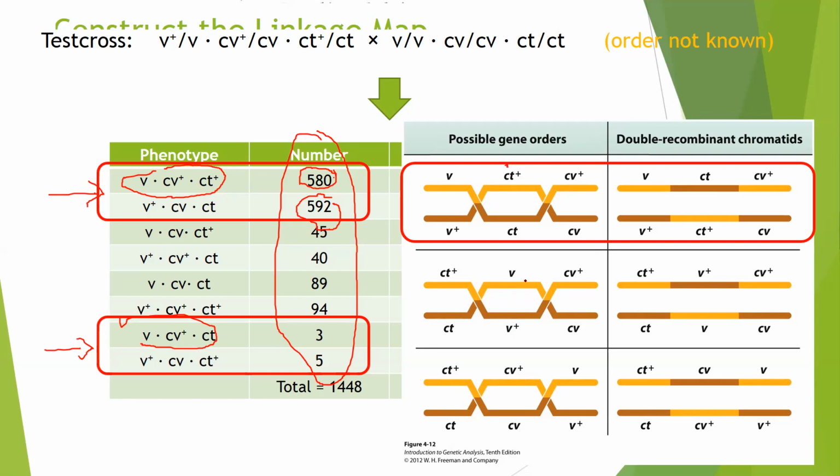There are 3 possible ways: either CT is in the middle, or V is in the middle, or CV is in the middle. All of them are equally likely. However, the data will immediately rule out the other possibilities and give you the right answer here. So this is the first step.